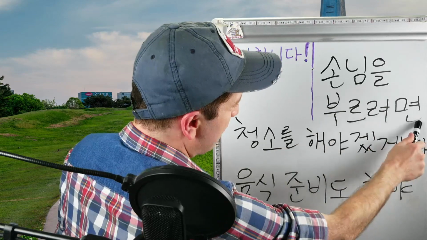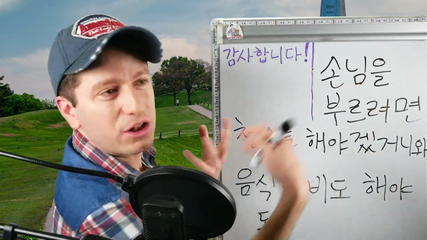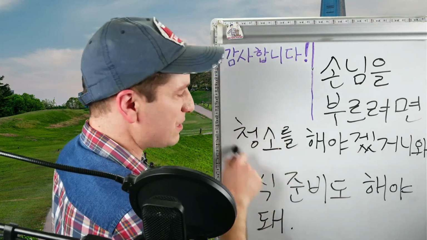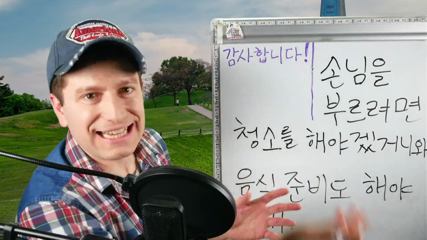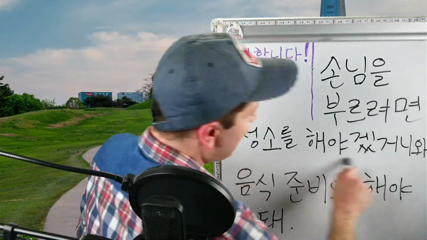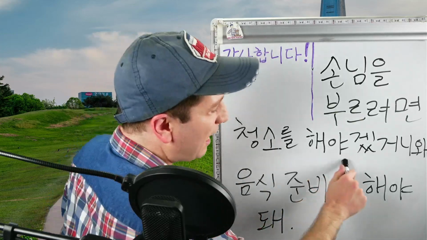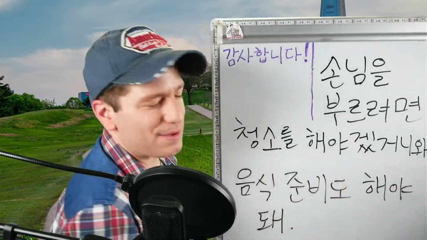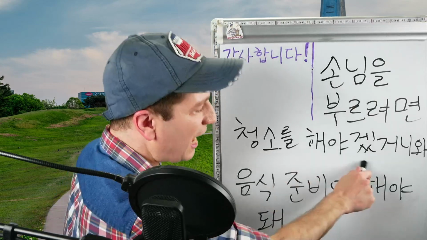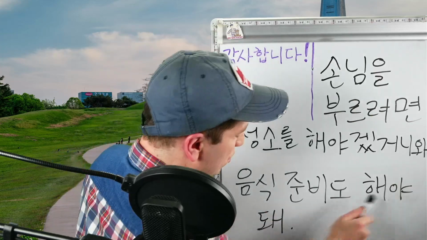손님을 부르려고 하면, if you're going to invite a guest or call a guest literally, 청소 is doing cleaning, like cleaning the house, dusting, vacuuming, all that is 청소. 청소를 해야 하다, you have to do cleaning, or I have to clean. 해야겠거니와 is the same as 하겠거니와, so 해야 하다, have to. 해야겠거니와 음식 준비도 해야 돼.